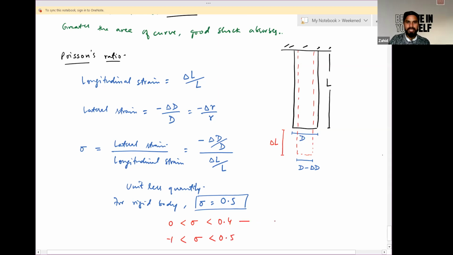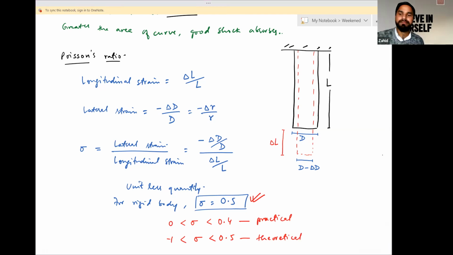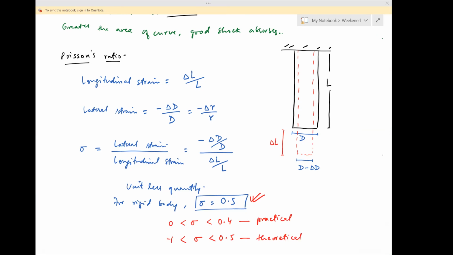This is the practical value and this is the theoretical value. You only have to remember this term. You may be asked to define the value of Poisson's ratio for a perfectly rigid body. So it will be just 0.5. Is it clear? Yes. Abdul Wahid, any doubt?